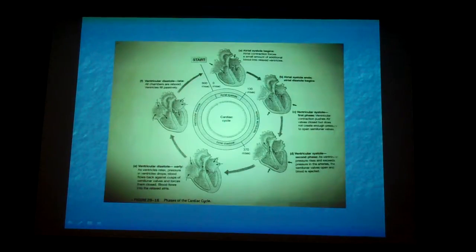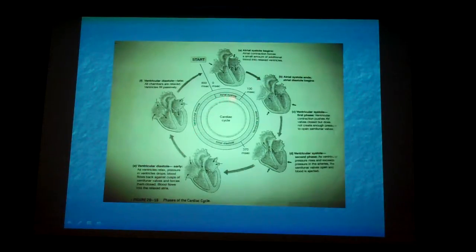All right, so this is the relationship of the atria and the ventricles in a cardiac cycle. Now notice, the atria are only contracting right here. But once the ventricles rest right here, during atrial diastole, blood that's flowing back into the atria is moving on out of the atria into the ventricles.